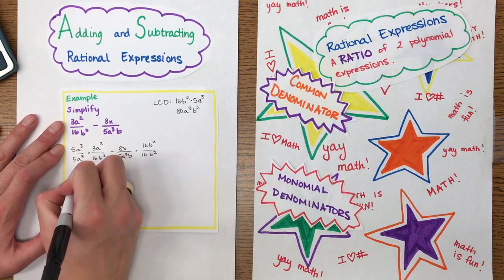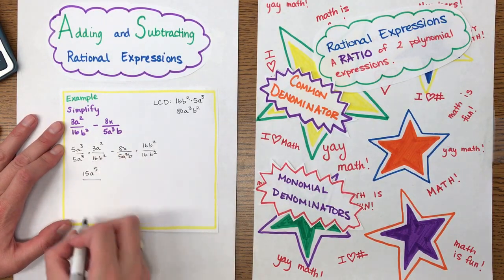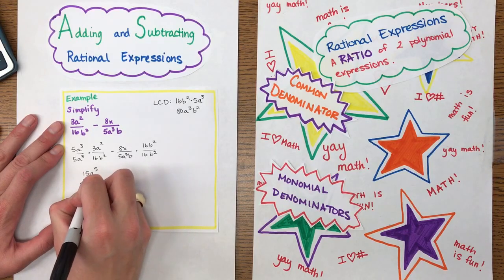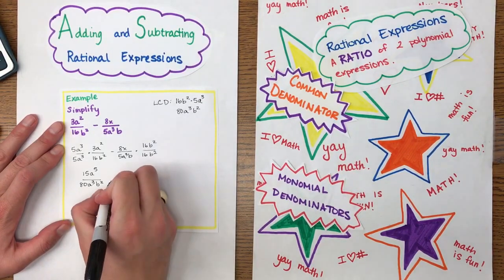This numerator here becomes 15a to the 5th. 5 times 16 is going to be 80a cubed b squared. It matches my least common denominator, so I'm good.